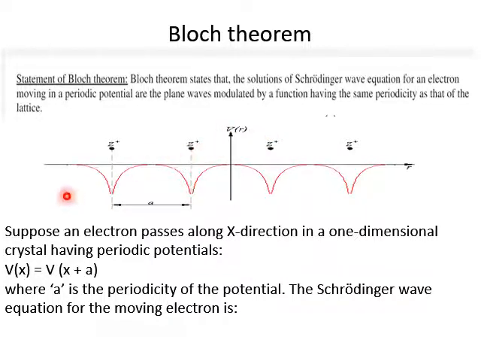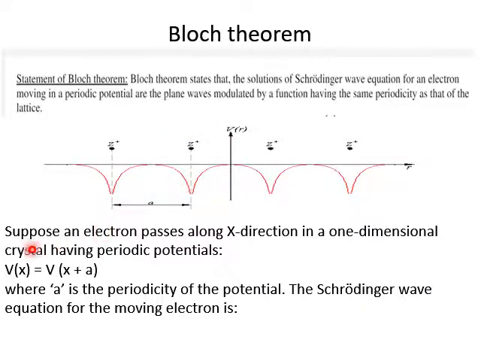But that is only for one well, whereas Bloch theorem gives us the solution for the periodic potential well, meaning not inside one well only. There is a sequence of wells having a periodic potential, so after some period the potential repeats itself.